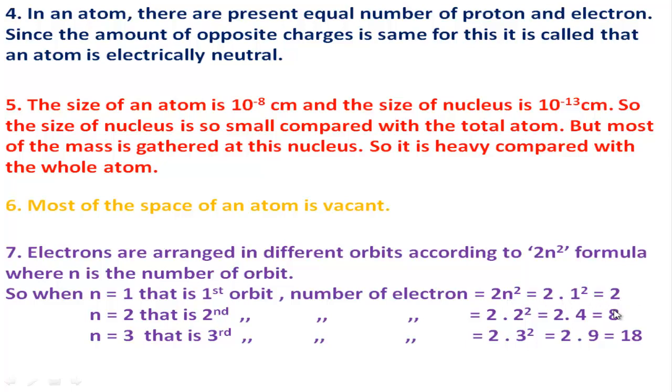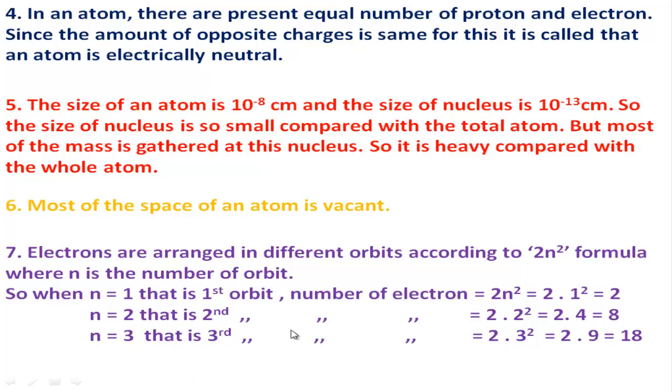We have seen this. And the second orbit, that means when the value of n is equal to 2, follow here, according to the 2n square formula, when we put the value of n equal to 2, then 2 2s are 4, so 2 4s are 8. So total 8 electrons can be present in the second circular path or second orbit. Understood why the second orbit contains 8 electrons always?